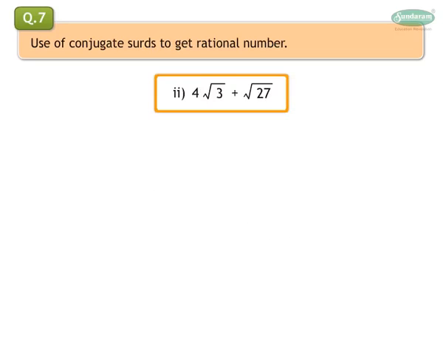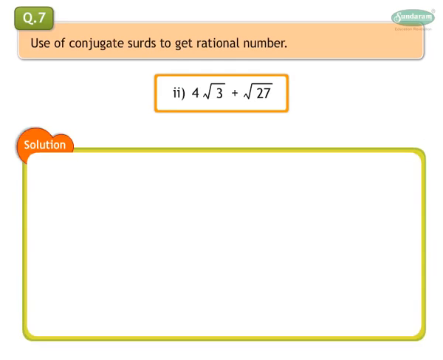Question 7. 2. 4 multiplied by root 3 plus root of 27. Solution. Now its conjugate pair is 4 into root 3 minus root of 27.